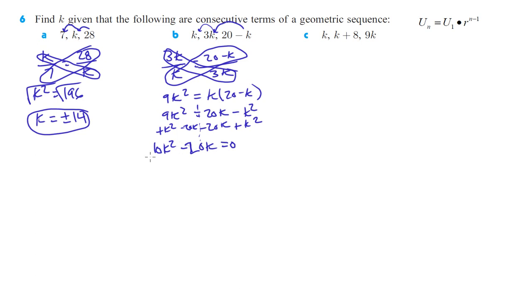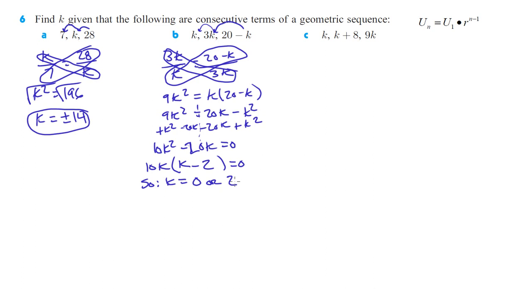On this, we could factor a 10 and a k out of both terms. If we take 10k squared divided by 10k, we're left with a k, and negative 20k divided by 10k is minus 2. So k can either equal 0, since 10 times 0 gives us 0, or 2, since 2 minus 2 gives us 0. So it could be 0 or 2.